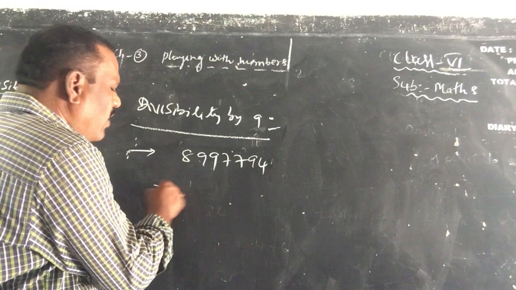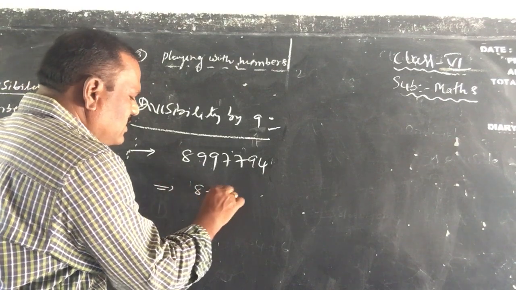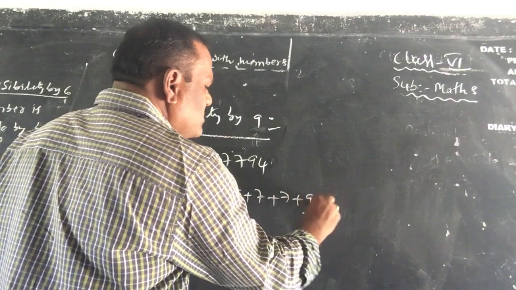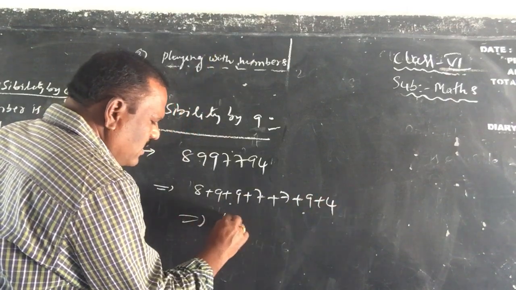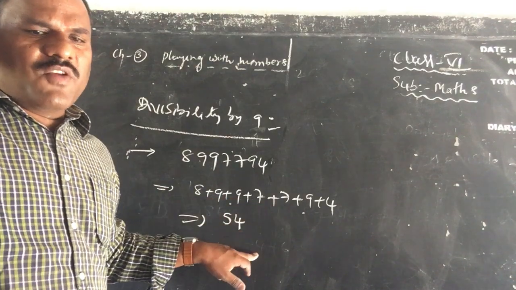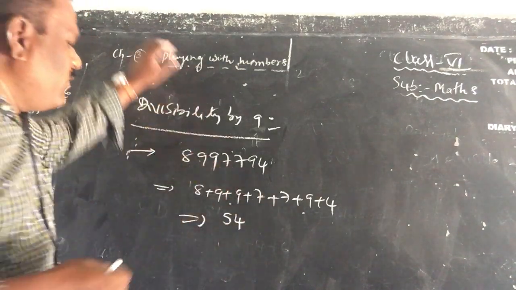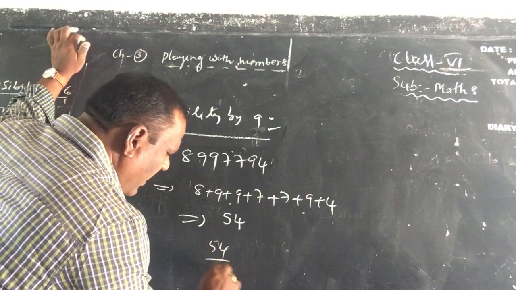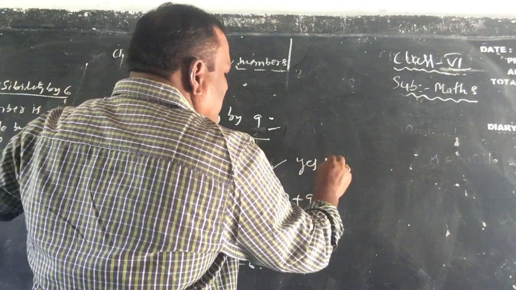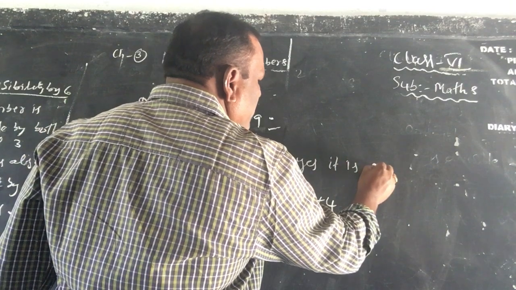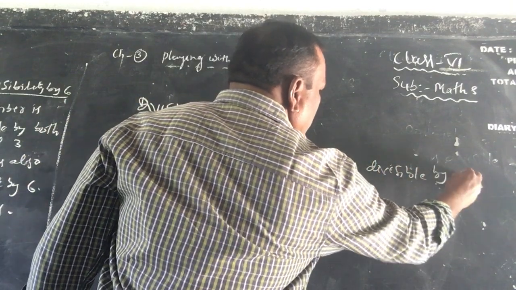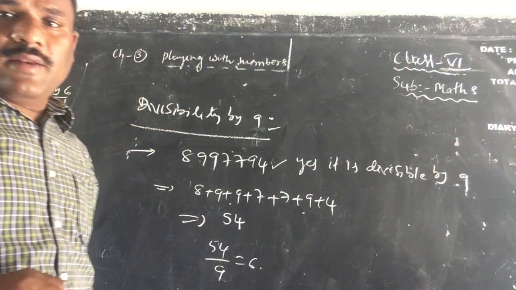Simple, children, write the sum: 8 plus 9 plus 9 plus 7 plus 7 plus 9 plus 4 implies 54. You can count the sum of these digits is 54, and immediately 54 divided by 9 equals 6. So yes, it is divisible by 9.